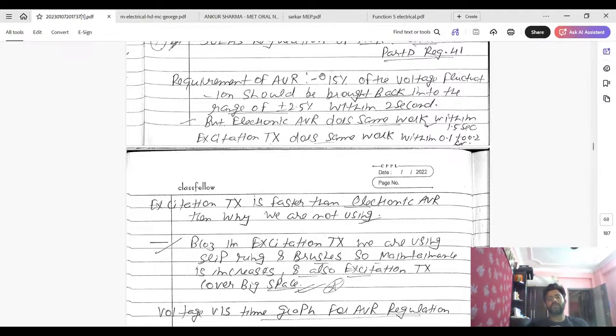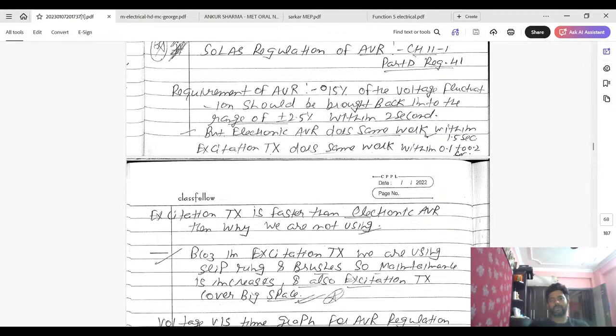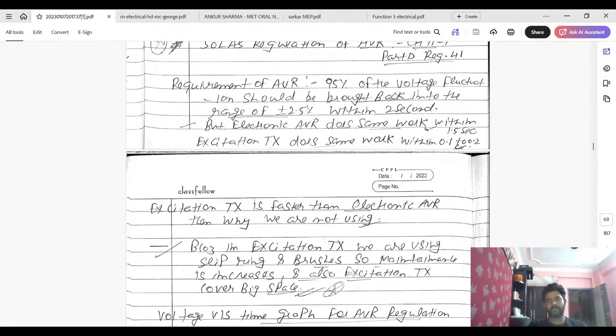So I told you before that this AVR is good for a voltage fluctuation of plus minus 15% of the rated voltage.